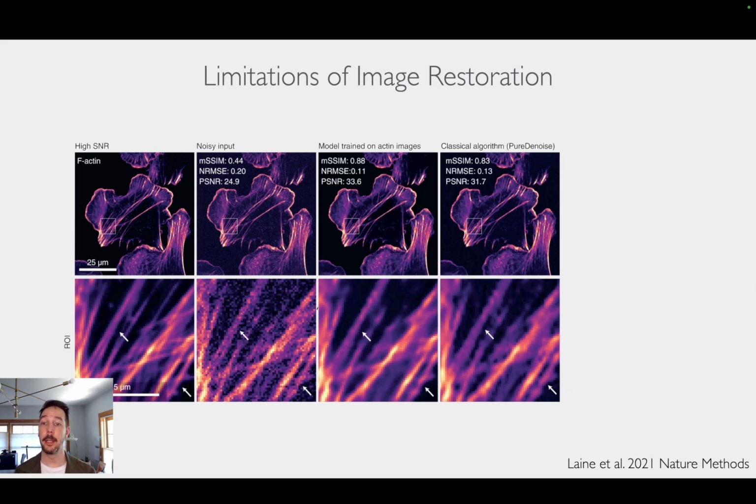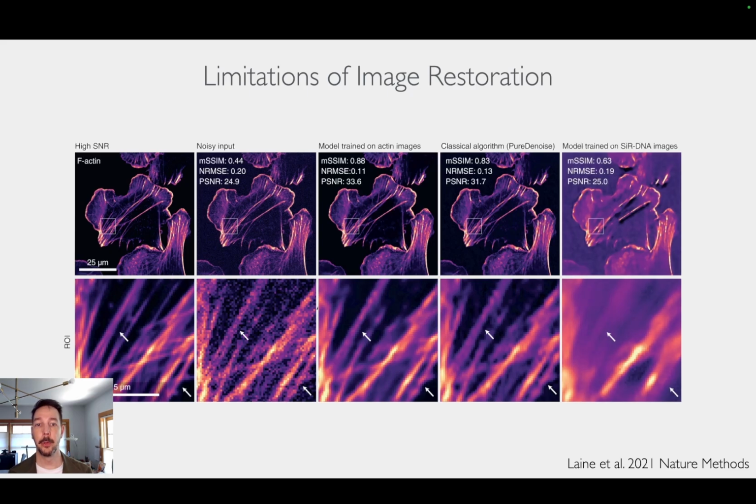In this case, we're looking at actin filaments. If we use a network that's been trained to detect actin filaments, it will work quite well. But if we use a network that's been trained to, in this case, look at DNA images, you can see it's actually starting to lose features that are there in the image.